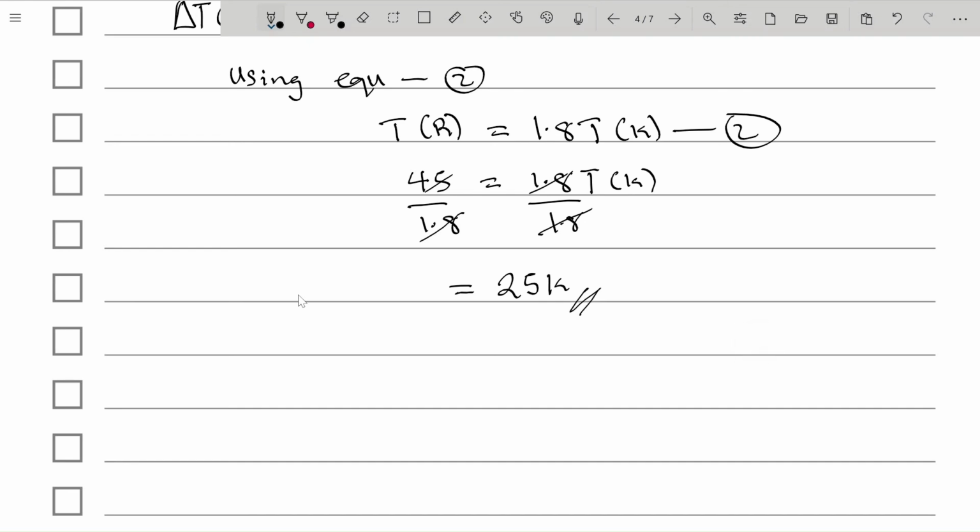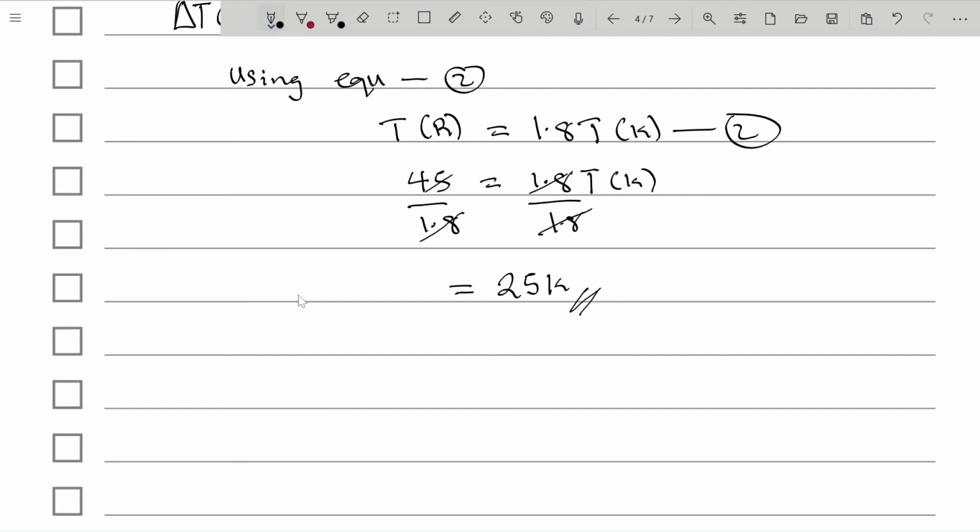In order to convert this to degree Celsius, we know that the magnitude of each division of 1 degree Celsius is the same as the magnitude of each division in 1 Kelvin. They are identical.